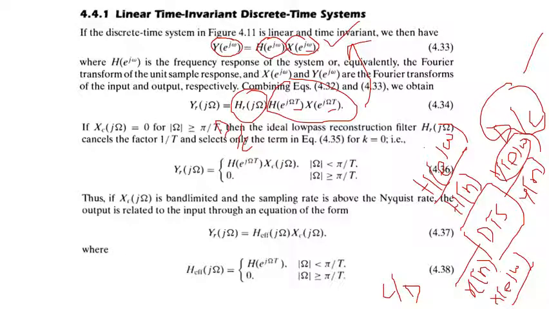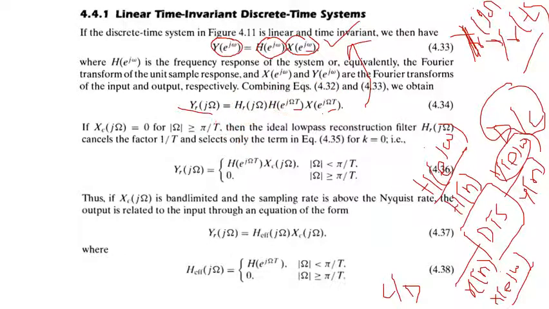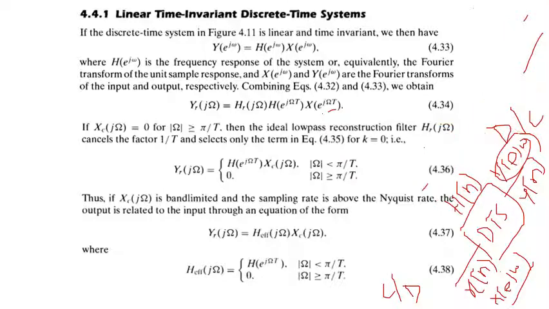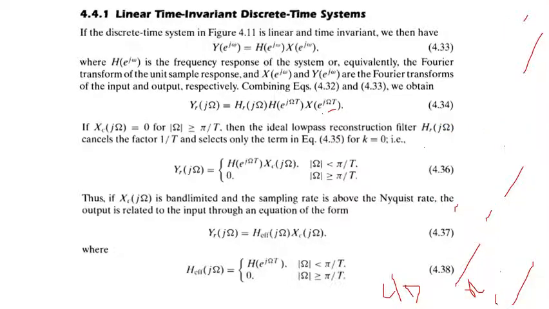Finally, after D to C we have y_r(t), or in the Fourier transform, Y_r(jω). This is the system, the input, and that's the reconstruction filter. We know what the reconstruction filter does: it only applies the gain of T and selects only the baseband signal, or the copy at 0.